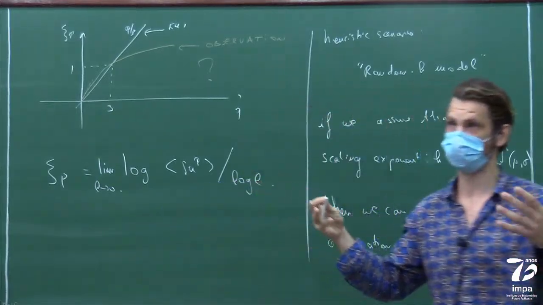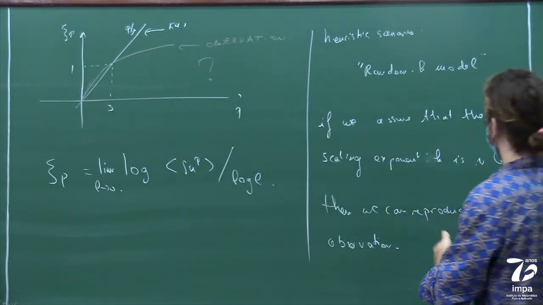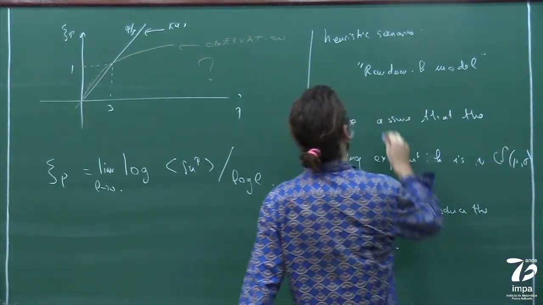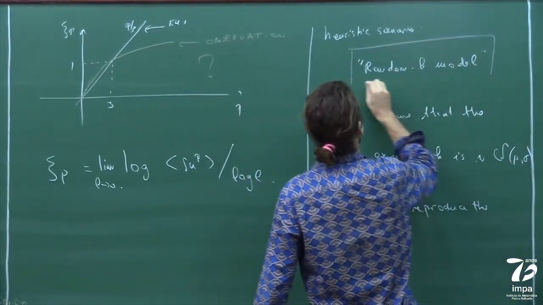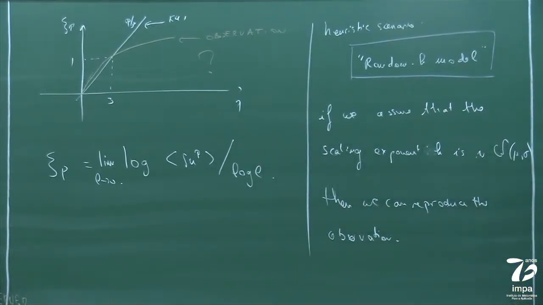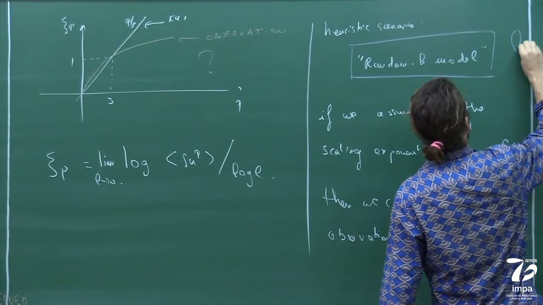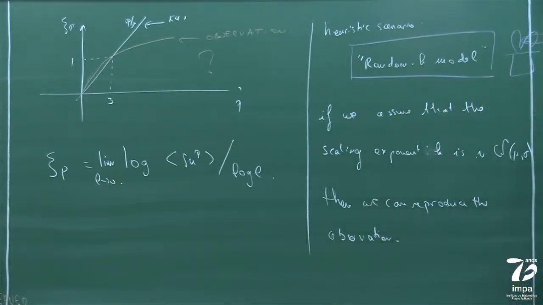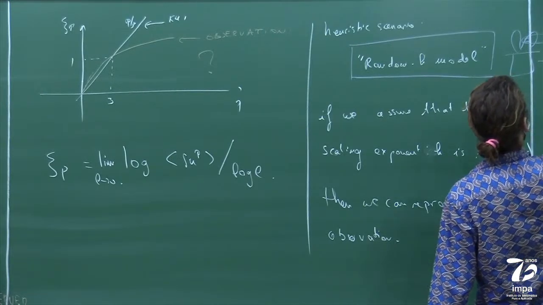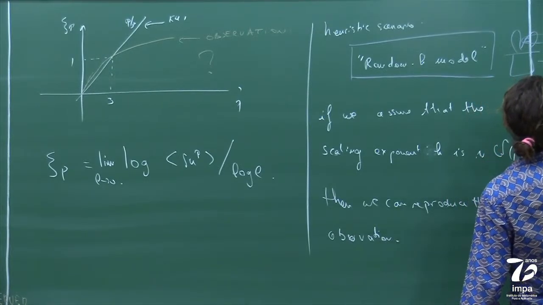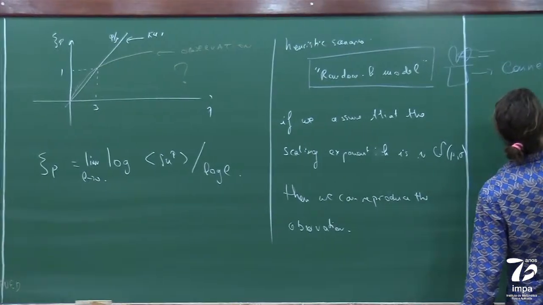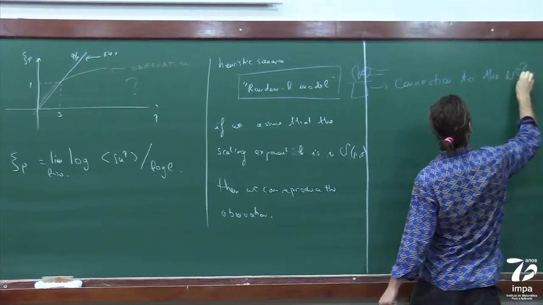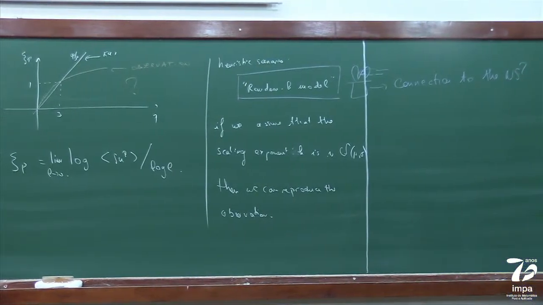The problem is that this model is like a rabbit that is taken out of a hat. Okay? So in particular, it is absolutely not clear what are the connections to the NS equation.